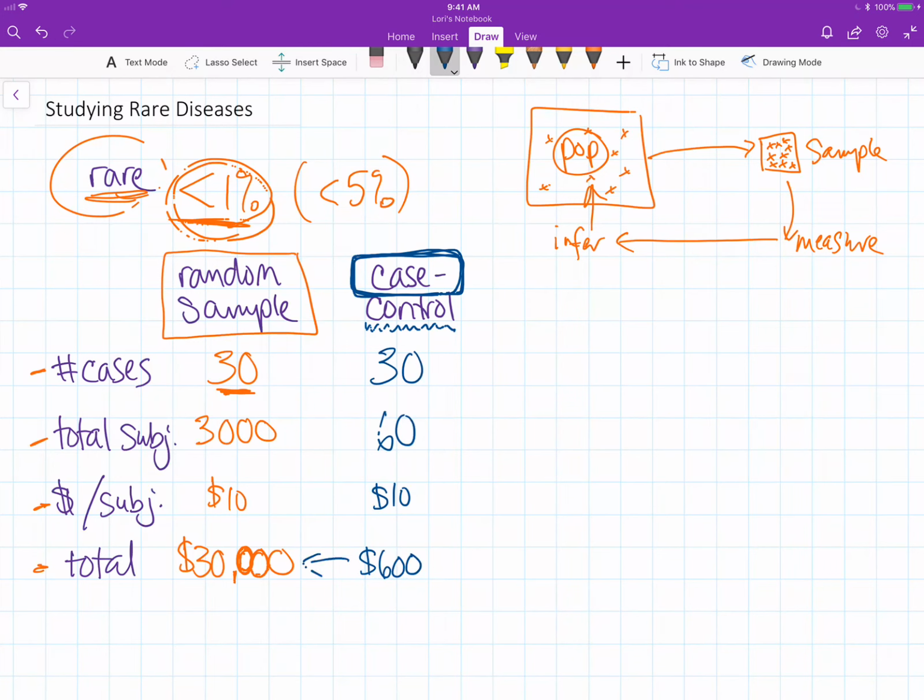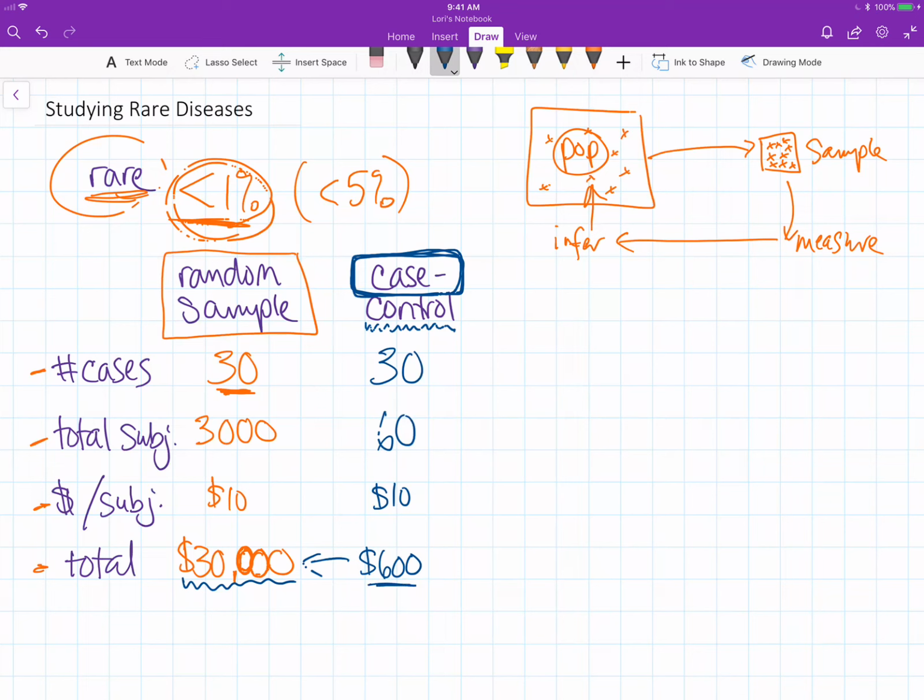And so when you compare those two numbers, for a lot of scientists or researchers or schools or departments or whoever's doing the research, $30,000 is a deal breaker. They just would never ever be able to do that particular research study and do it well.